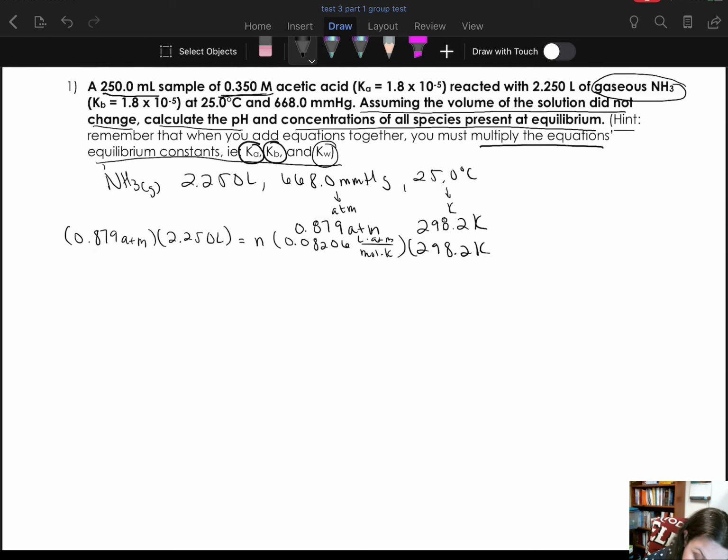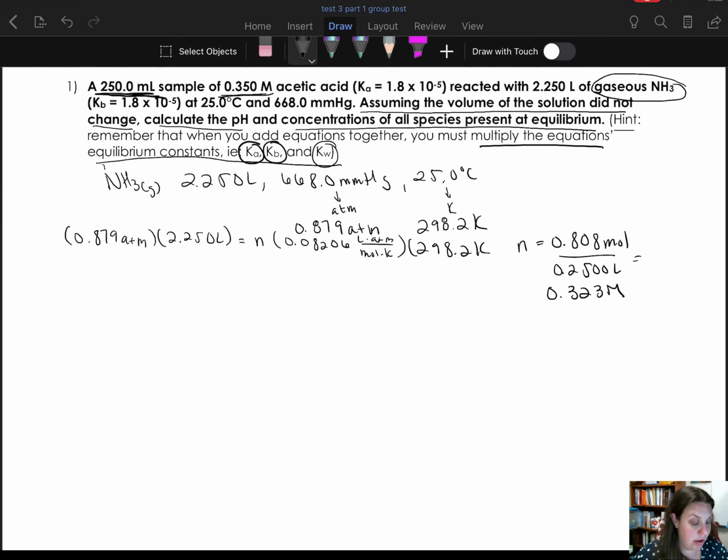When we do this, we solve and we get an n value equal to 0.808 moles. And we said we didn't change our volume, so it's in a volume of 0.2500 liters, giving us a concentration of ammonia at the beginning of the reaction of 0.323 molar.